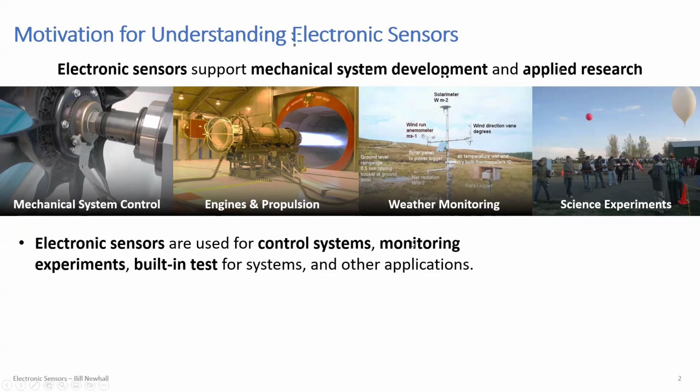Okay, so electronic sensors are used in control systems, just like you're using the sensor in lab for propeller speed, for monitoring experiments as they progress over time, and also for built-in test.